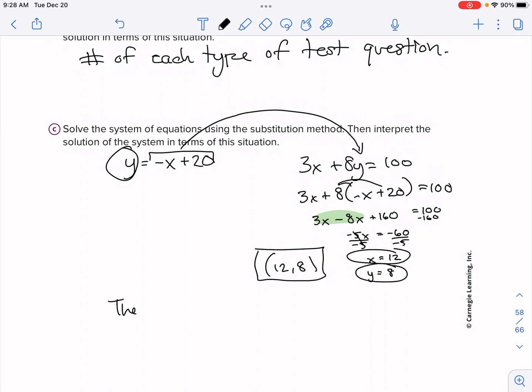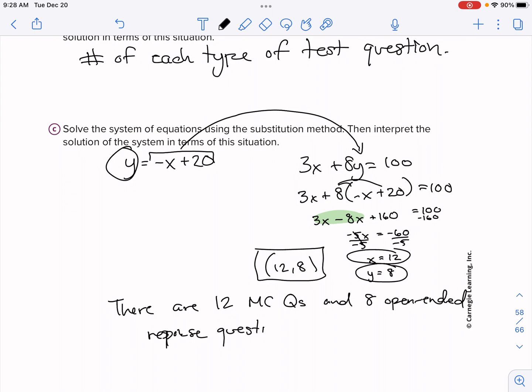There are 12 multiple choice questions and 8 open-ended response questions. All right, great, and that's pretty much it. We could have plugged x in here, but we just did it mentally to find y.